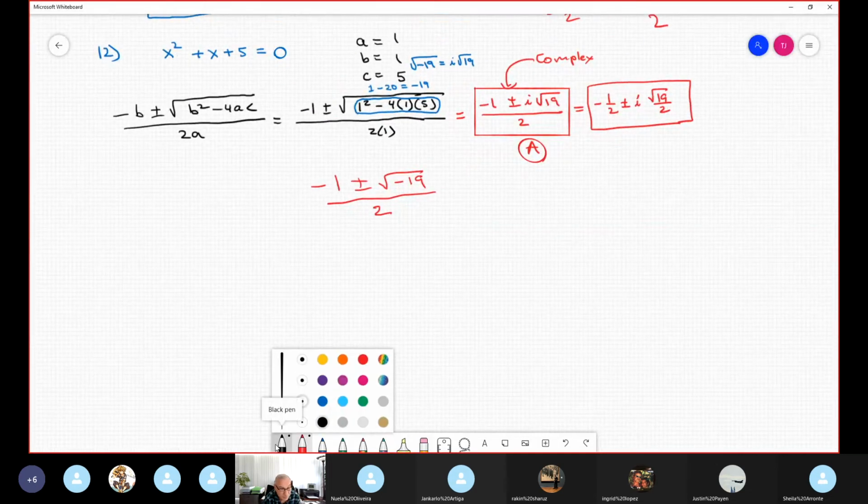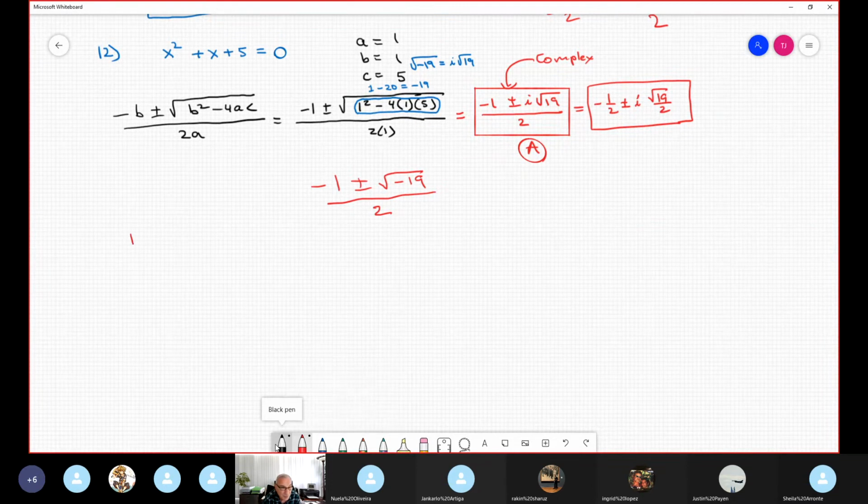Now 13. 13 is 5x squared minus 5x plus 7 equals 0. Again, a quadratic equation expressed in standard form, nice.